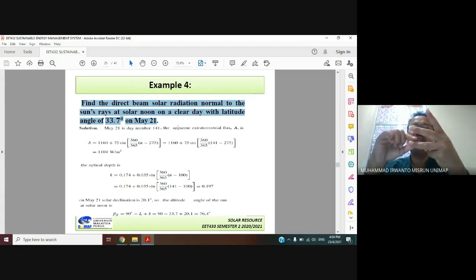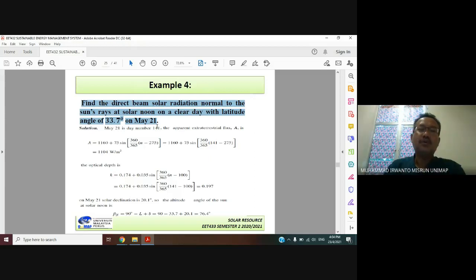The lowest is the reflective solar irradiance. In some calculations, the reflective solar irradiance can be ignored because it is very small. The diffuse solar radiation has a medium value.